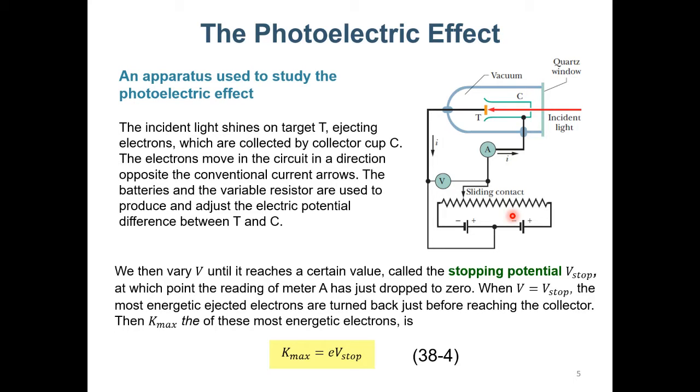So maybe if this one is VB and this is also VB, so this node will be plus VB and this is minus VB. Then we can choose a voltage between minus VB and VB, and this is ground. So this is just for choosing a voltage at this point, and this is just an ammeter and voltage meter.